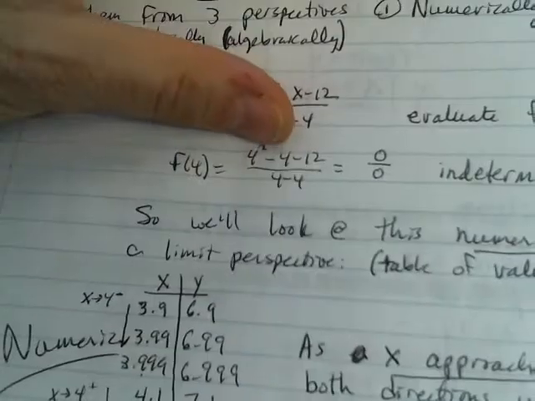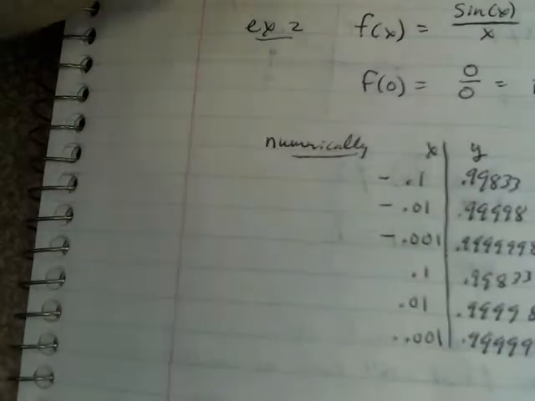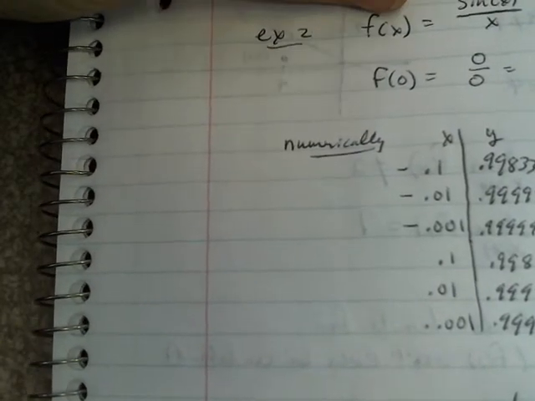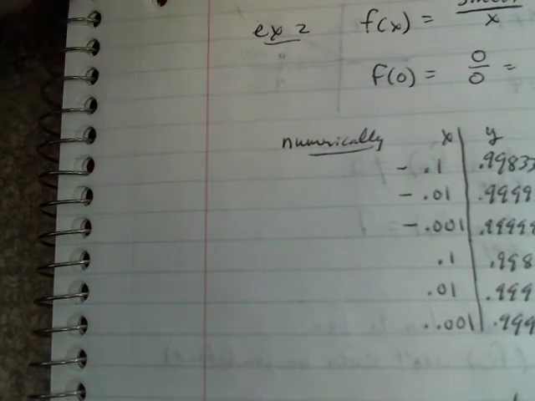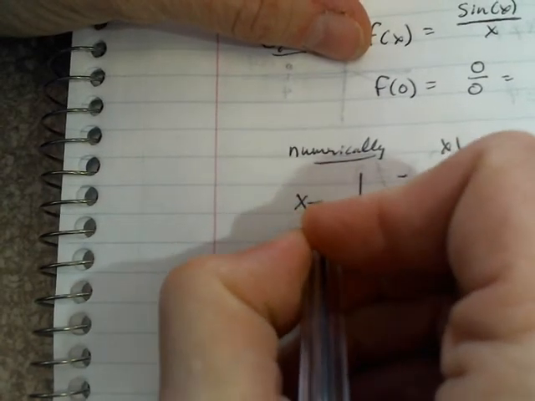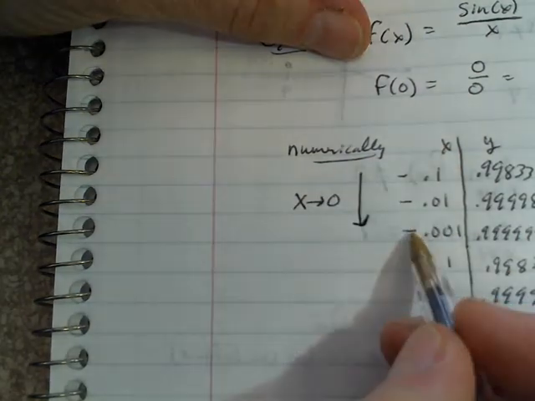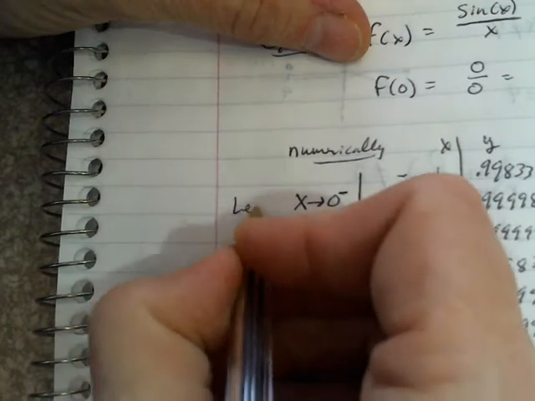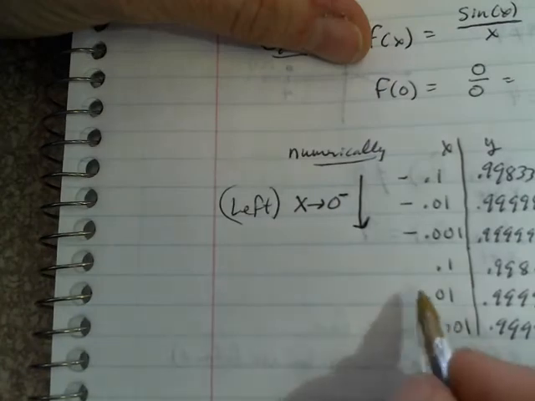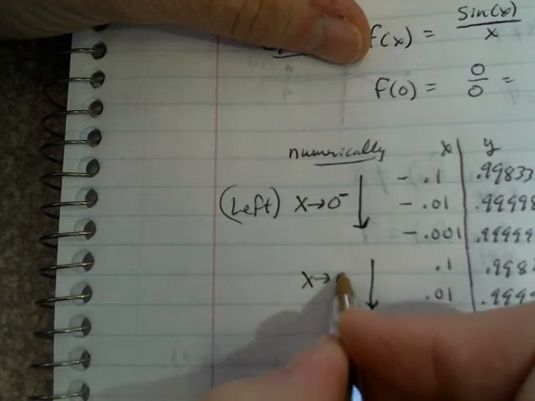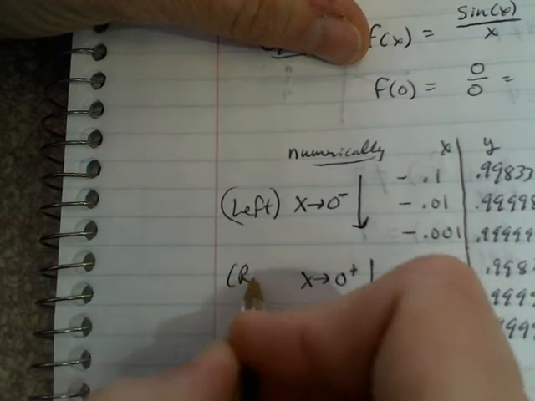And in the other example that we had, the sine of x over x, we were trying to approach 0 from the negative and the positive. So coming in here, x is approaching 0. These numbers are less than 0, so it's from the negative or from the left. And as we're getting closer and closer to 0, x is approaching 0 from the right-hand side.